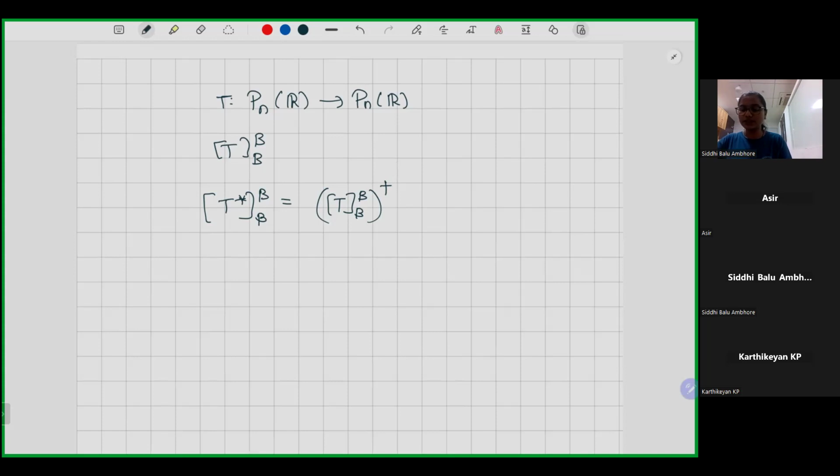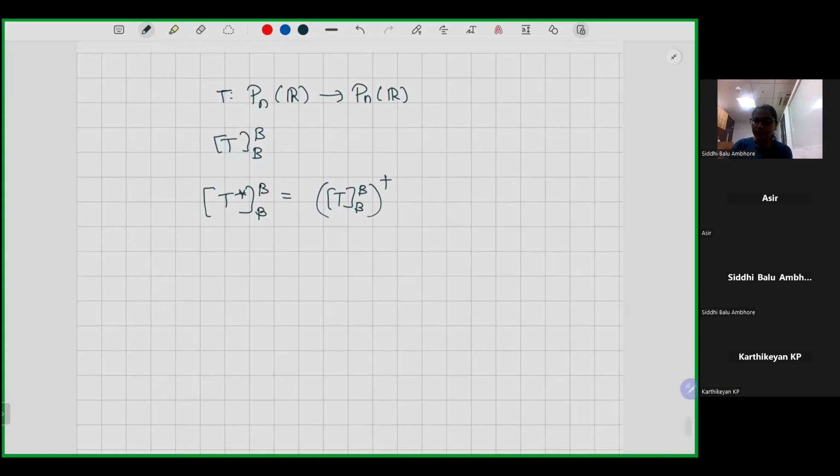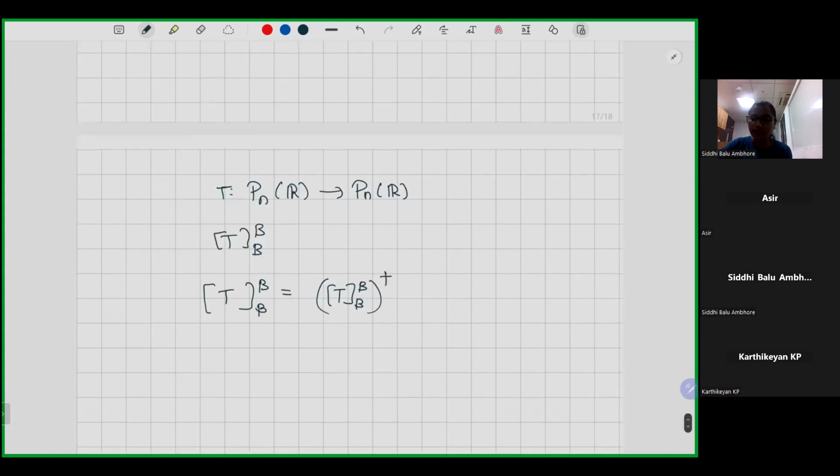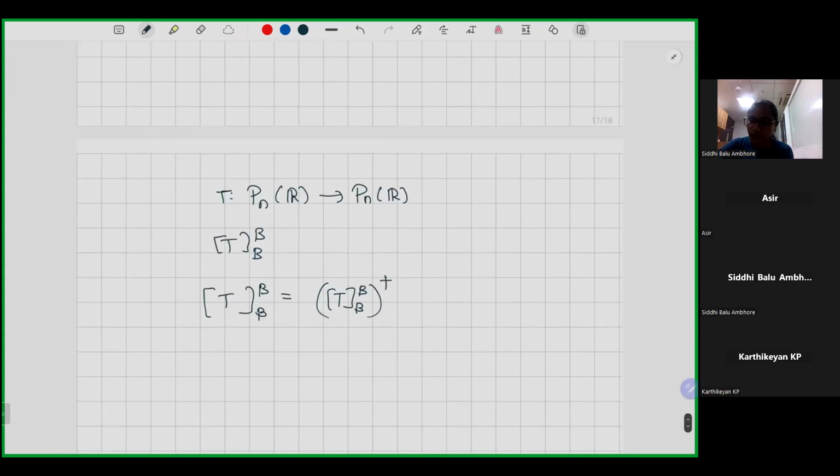This is not true in general. If you are given any linear transformation, then finding its star in general is difficult, but it is easy in the case of P_n(R). This is true actually for R^n to R^n and not in general.